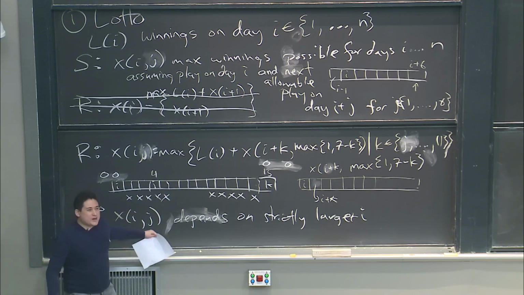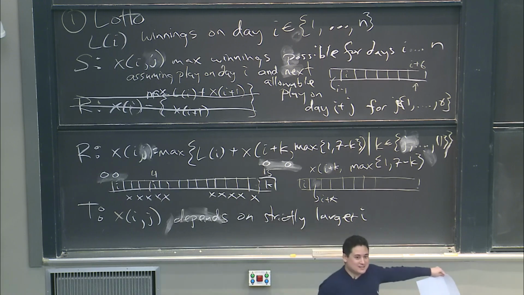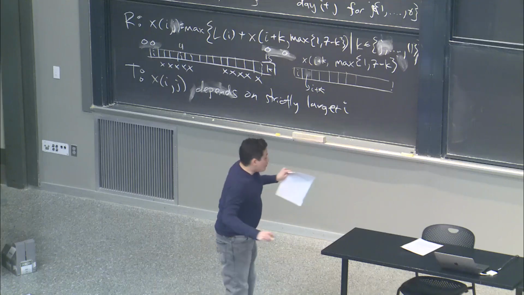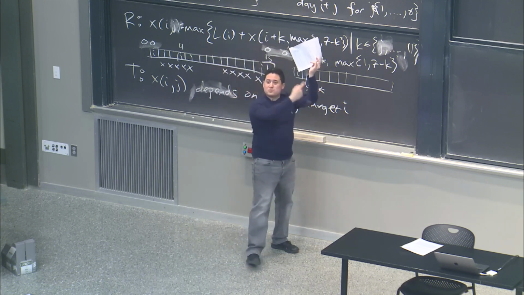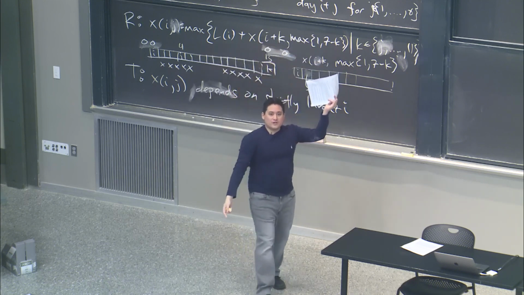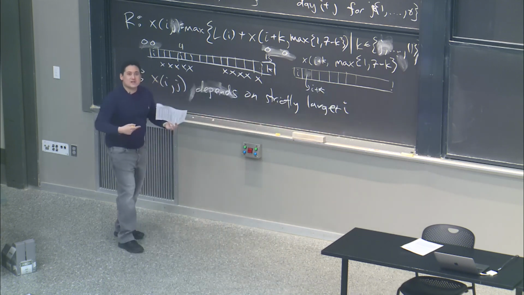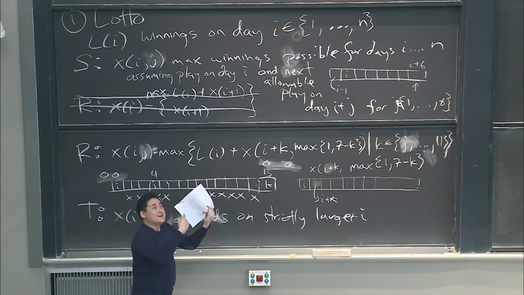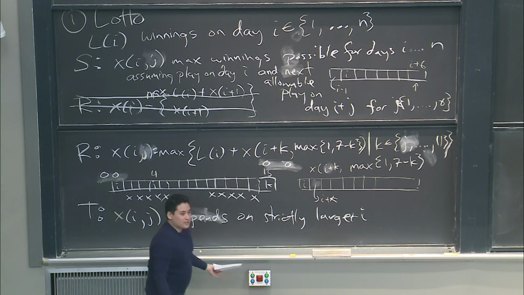Now this is a little weird because I wanted it to depend on smaller subproblems. It is smaller because I'm taking a smaller suffix, but it's corresponding to using a larger number. To me that's a little confusing, but that's okay because we're using things that are always monotonically going in some direction.